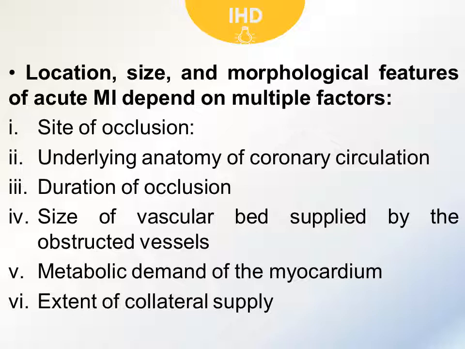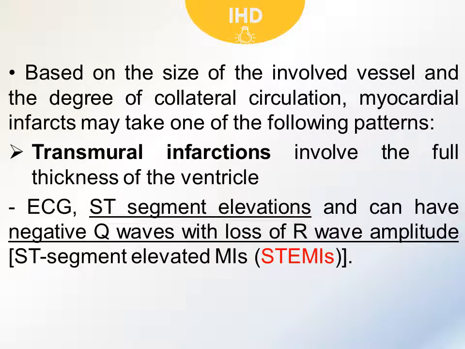In this manner, gradual collateral dilatation can provide adequate perfusion to areas of the myocardium. Based on the size of the involved vessels and the degree of collateral circulation, myocardial infarction may take one of the following patterns.